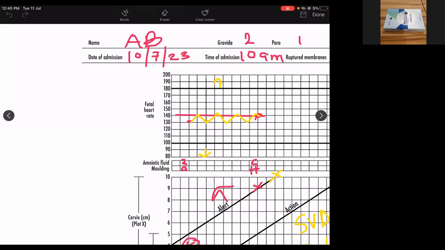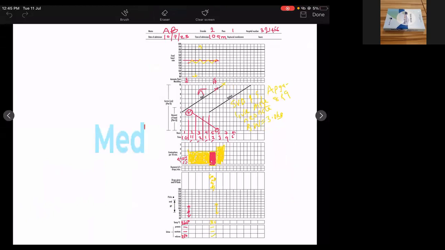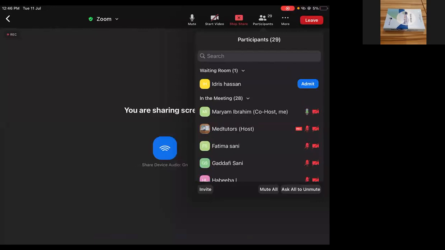So is there anyone that needs any clarification regarding this? Or should we continue? Sorry, are you unmuted? Are you muted?